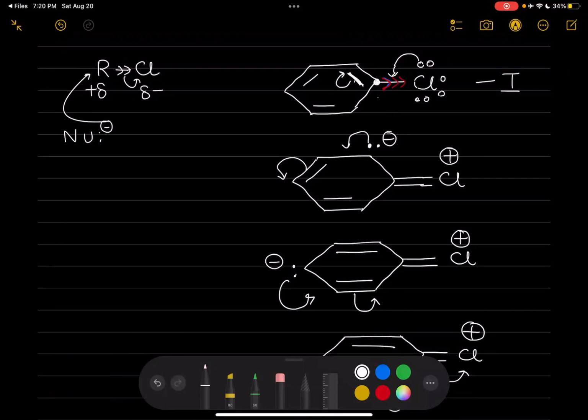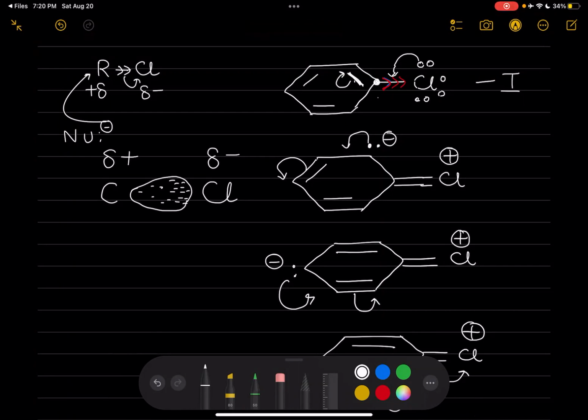Actually, the sigma bond between the carbon and chlorine will have electron density like this. The Cl is minus and the carbon is plus. More electrons are towards the Cl side. Why? Actually, electron is not a particle, it is a cloud.